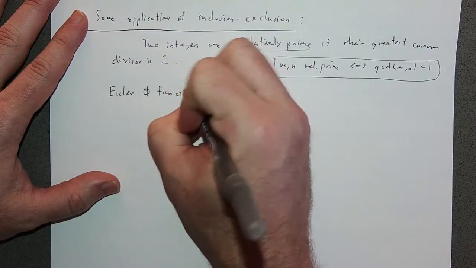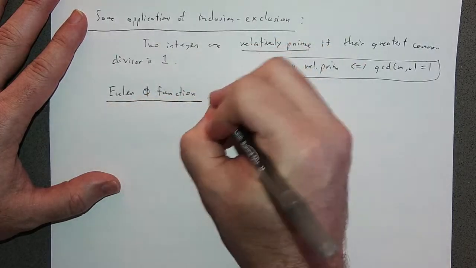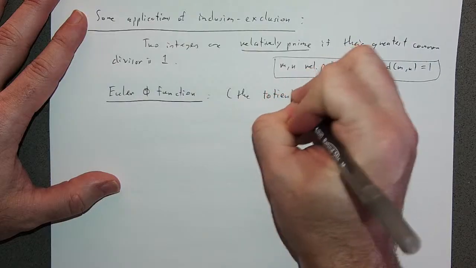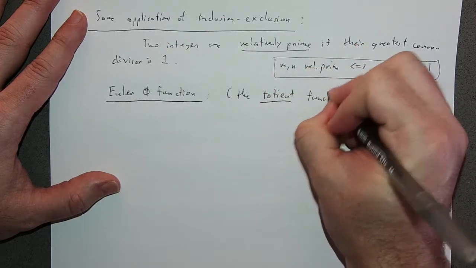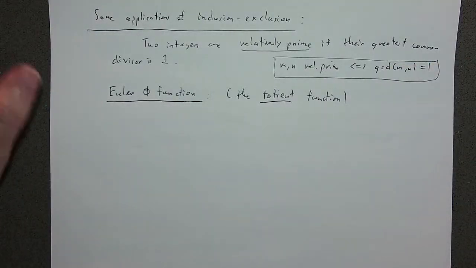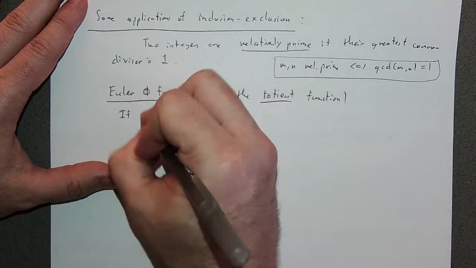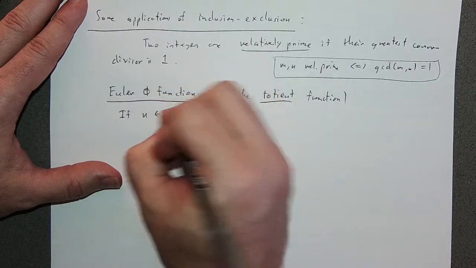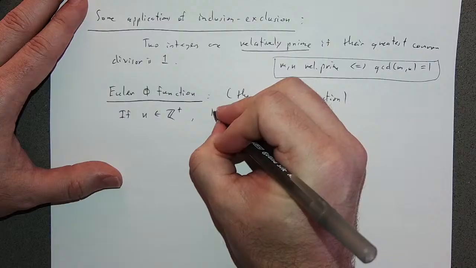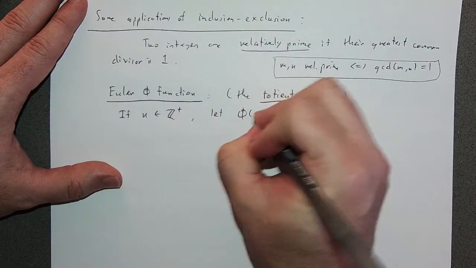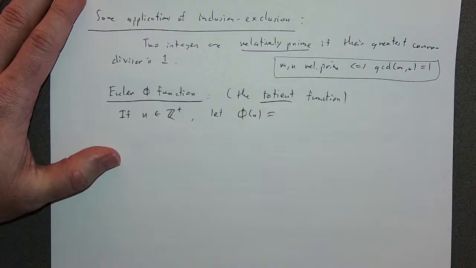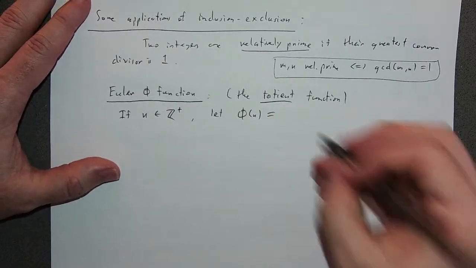also known as the totient function, what does it count? If n is a positive integer, let phi of n denote the number of positive integers m less than or equal to n that are relatively prime to n.